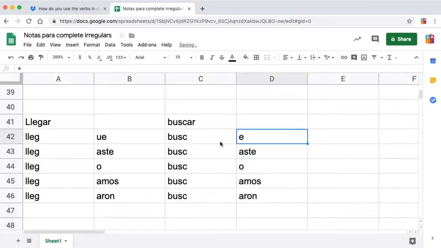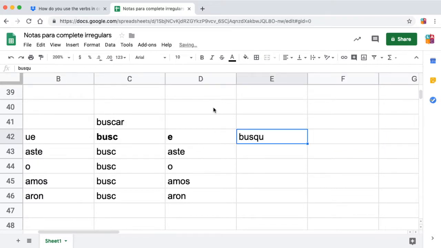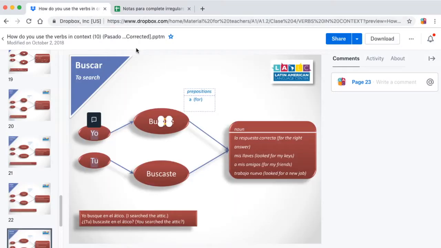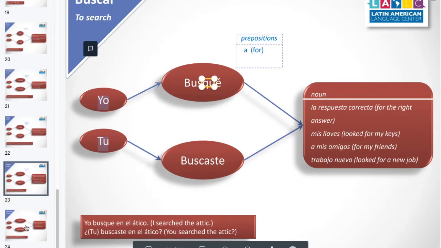The problem is here it would be yo busé, and the only way you can resolve it is to put in this QU so it sounds like busqué. It's just a spelling change, okay? And it's not a pronunciation thing.